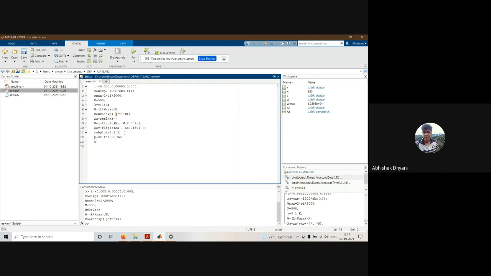Now I'll select the second subplot, and in this I will plot the CTFT of the signal. I have frequency omega and the signal xa. Omega is in radians per second. I can convert it into hertz by dividing by 2 pi, and into kilohertz by again dividing by 1000. So this is it. Let's see what this gives us.